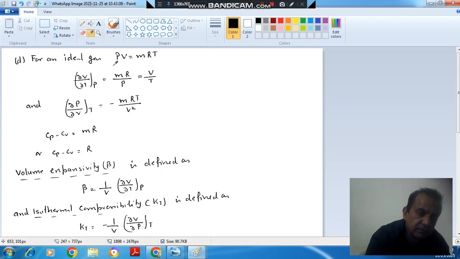If we keep the pressure constant, then V is equal to mRT by P, because m is constant and R is constant. So (∂V/∂T) at constant pressure will be mR by P, and mR by P is V by T. So (∂V/∂T) at constant pressure is V by T.